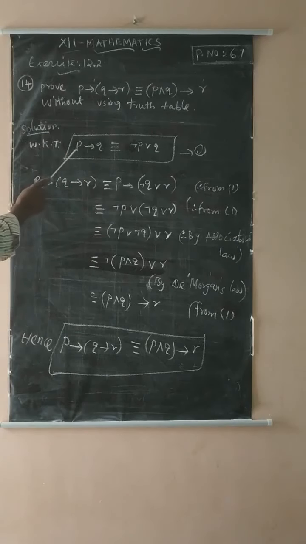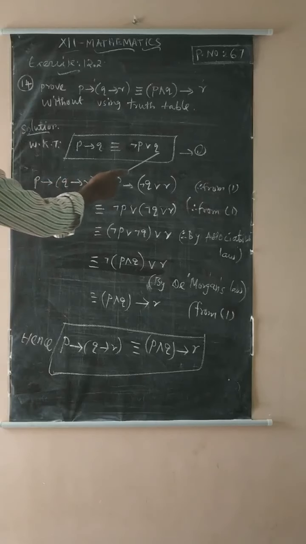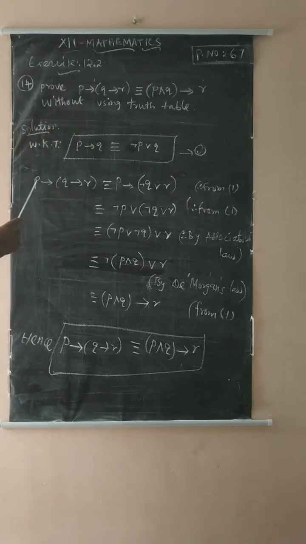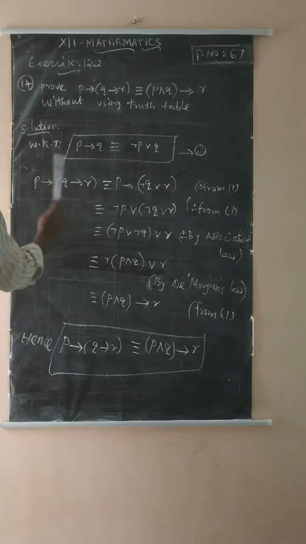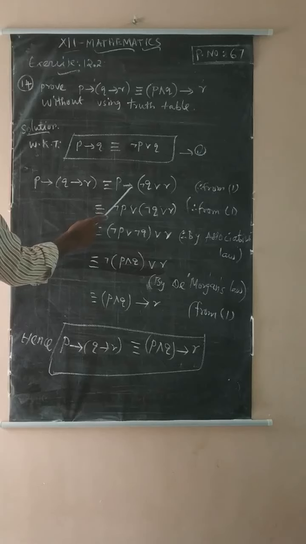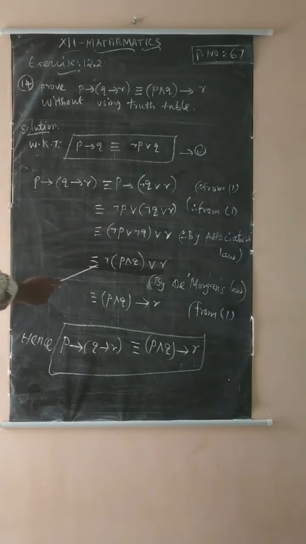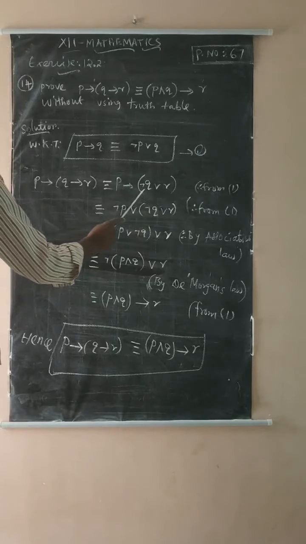We know that P conditional to Q is equivalent to negation P or Q. Take this statement to the side: P conditional to the brace Q conditional R is equal to what? First I use this result for the first brace: P conditional to negation Q or R.